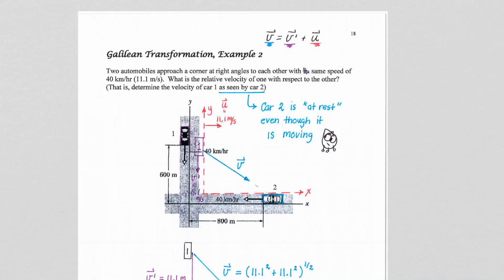In this example of the Galilean transformation, we have what you'll see is going to be a very simple mathematical calculation to make at the end to get the answer, but it's a little bit tricky conceptually in terms of reading and interpreting the language in the question to properly structure our Galilean transform, our vector v equals v prime plus u.